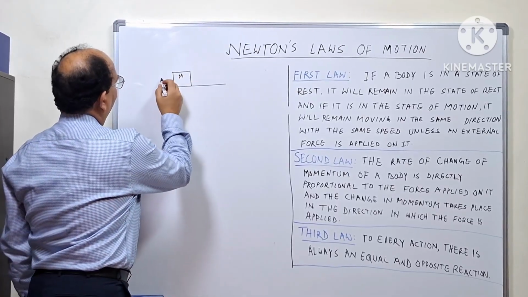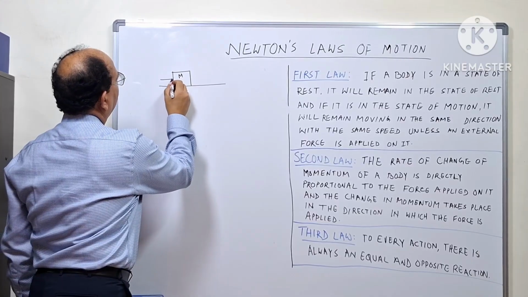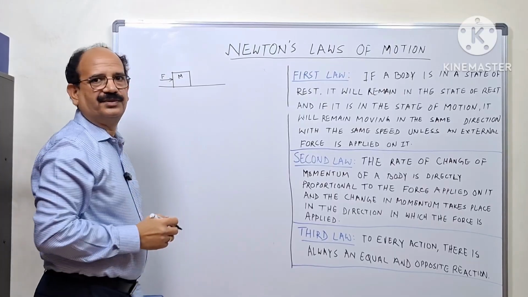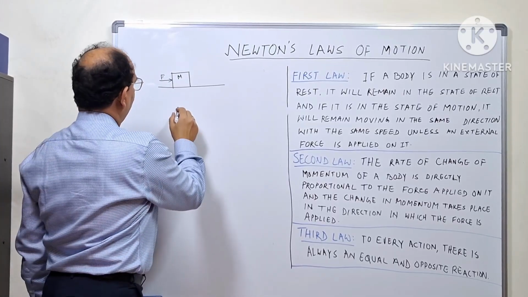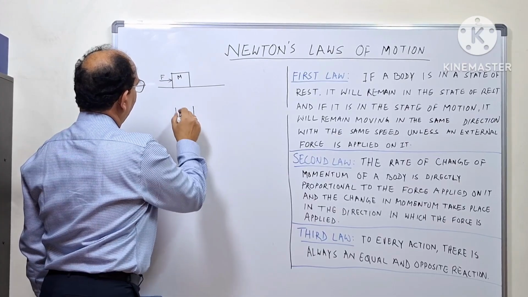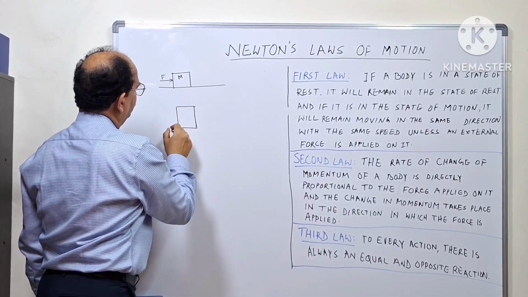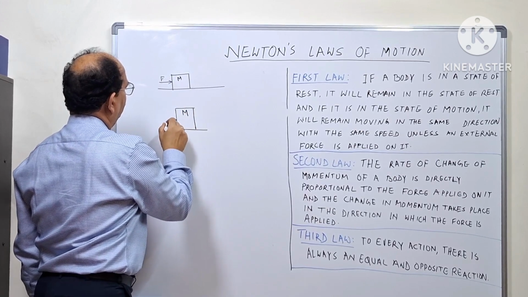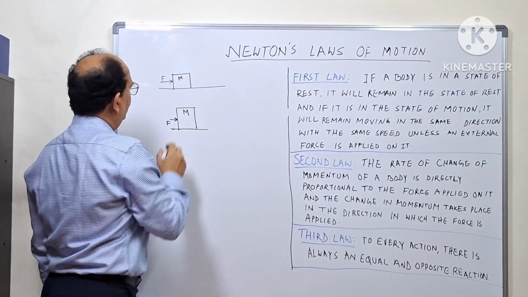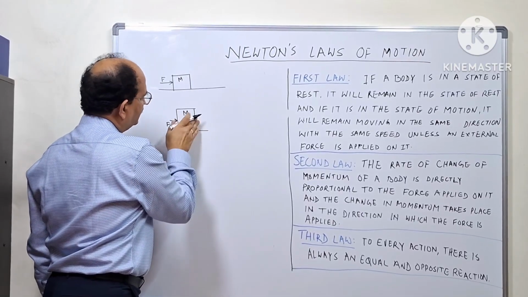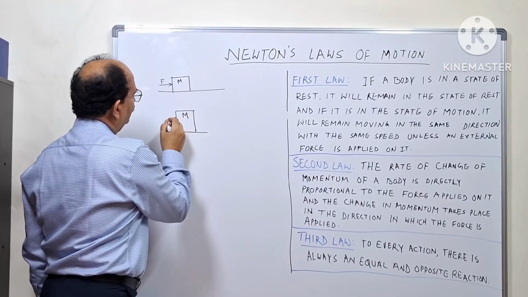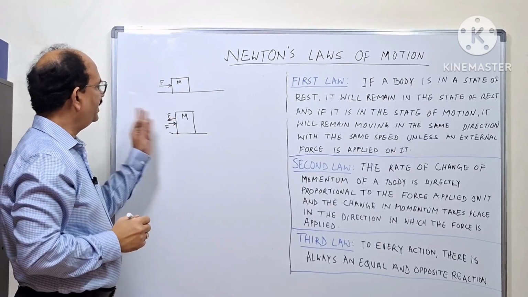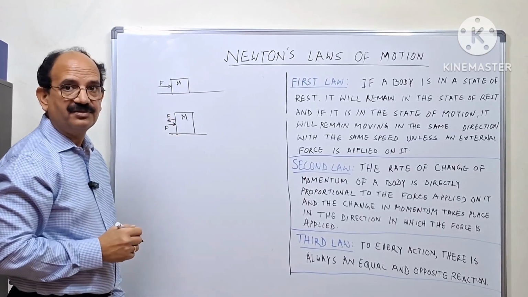I applied a force on this. From Newton's third law of motion, there will be a force applied on this book, and because there is a force applied, there will be a reaction also, equal and opposite. So F will appear in the opposite direction also.